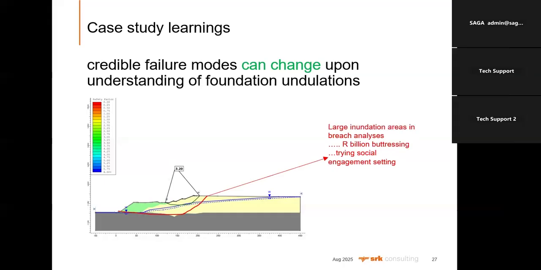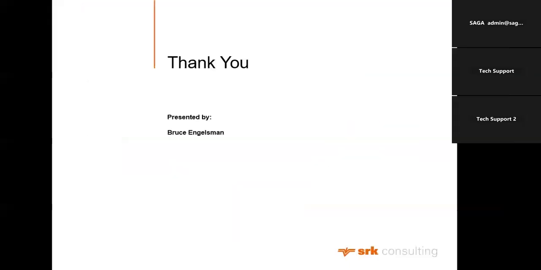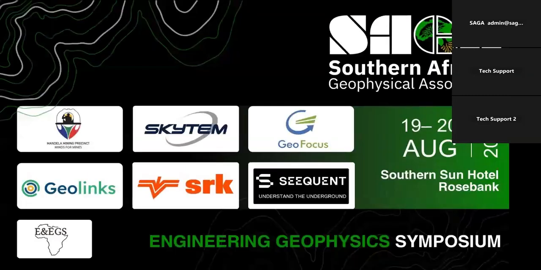If we could find out what the founding profile looks like under our tailings dams through geophysical investigations, it is of great benefit to us.